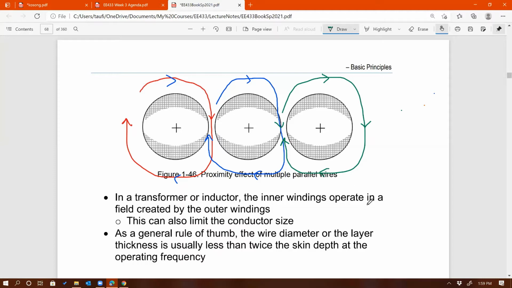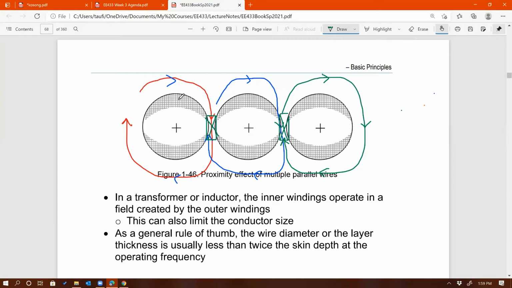Okay, so what do we see here? We see the magnetic fields between two conductors are canceling each other. So there's practically no magnetic field between two conductors, none here, and none here either. You agree with that? So no magnetic fields between two conductors.